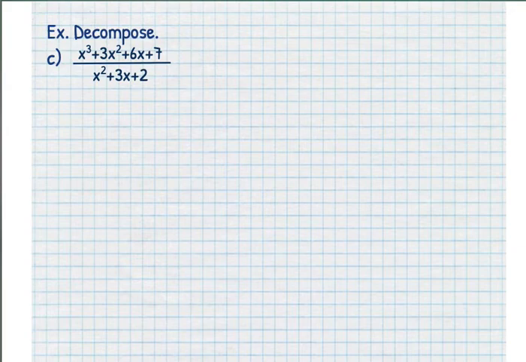So the stuff outside of the square root, in the denominator, x squared plus 3x plus 2, is going to go outside the long division symbol. The stuff in the numerator, x cubed plus 3x squared plus 6x plus 7, goes underneath the long division symbol.